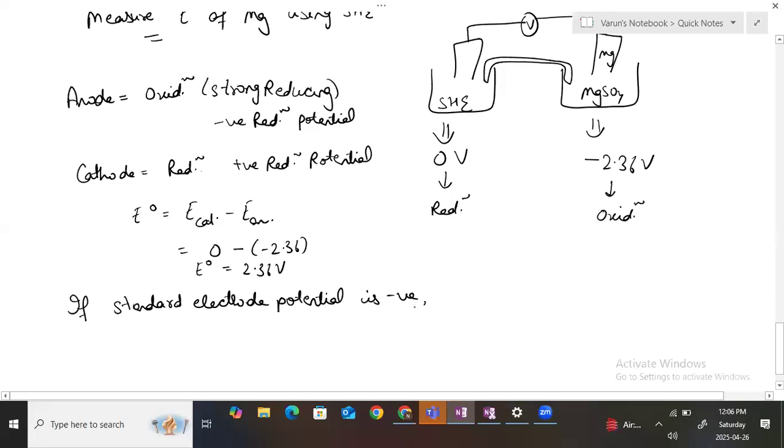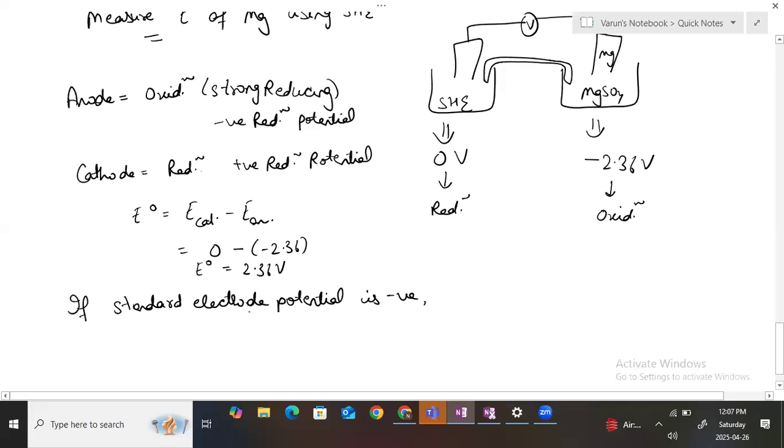Getting it, or getting confused? Yes, I understand it. If it is hydrogen that undergoes reduction, it means the reduced form of hydrogen is more stable. Because hydrogen undergoes reduction, this is the thing that I want.